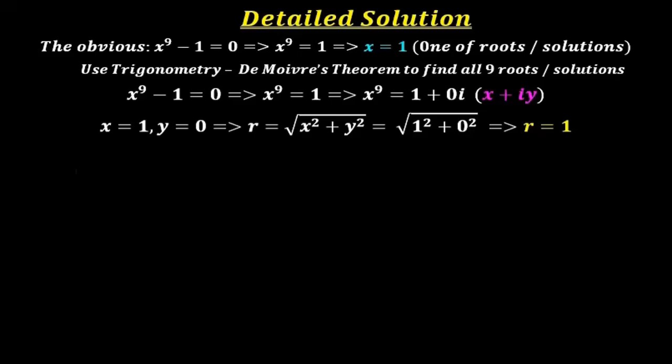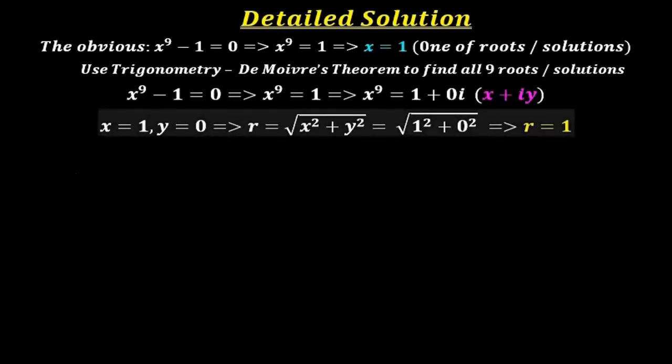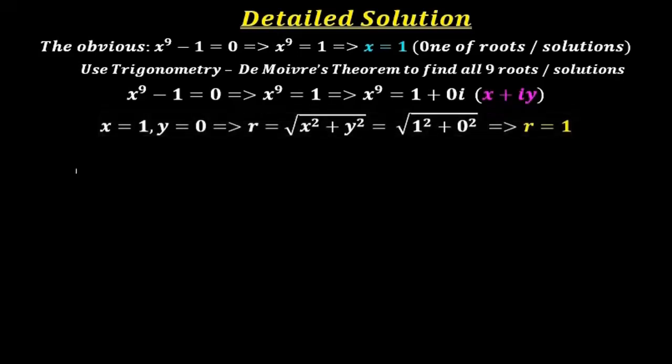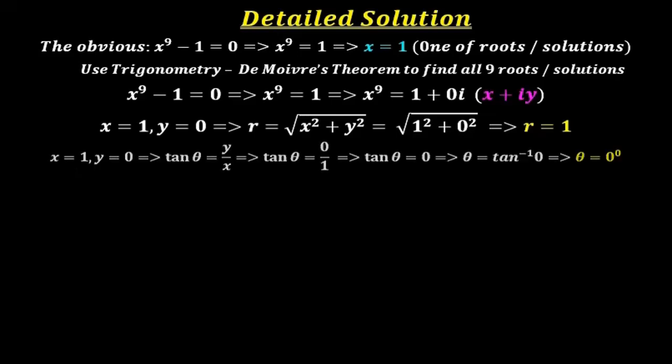This is a vector. So x equals 1, y is 0, then r is square root of x squared plus y squared, which is Pythagorean Theorem. That is square root of 1 squared plus 0 squared. That gives us r equals 1. That's the magnitude is 1.